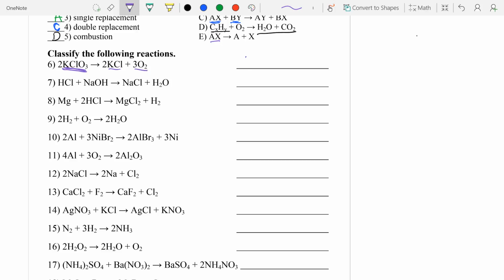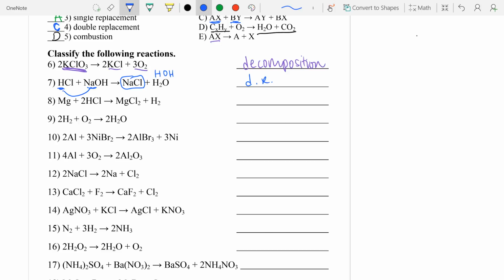Remember, when we break up, it's going to be decomposition. And if we look at number 7, we have hydrogen and sodium that swap places so that sodium is now with chlorine. You can rewrite water as HOH to really see how this hydrogen has swapped places. And so that would be a double replacement reaction or a wife swap.